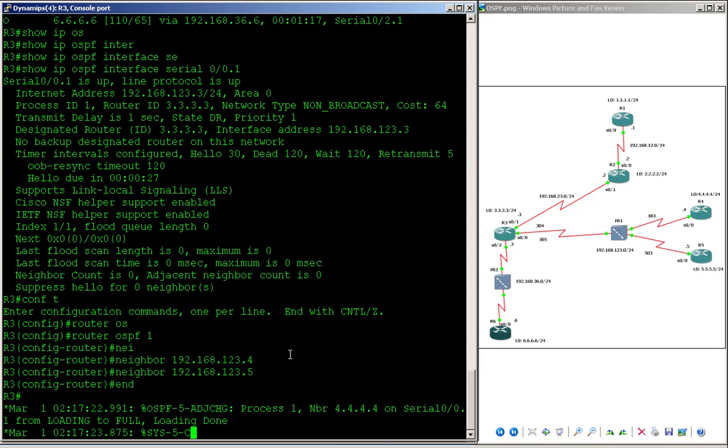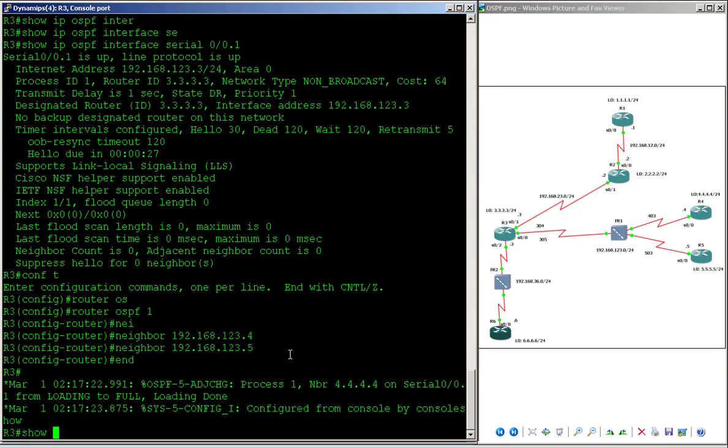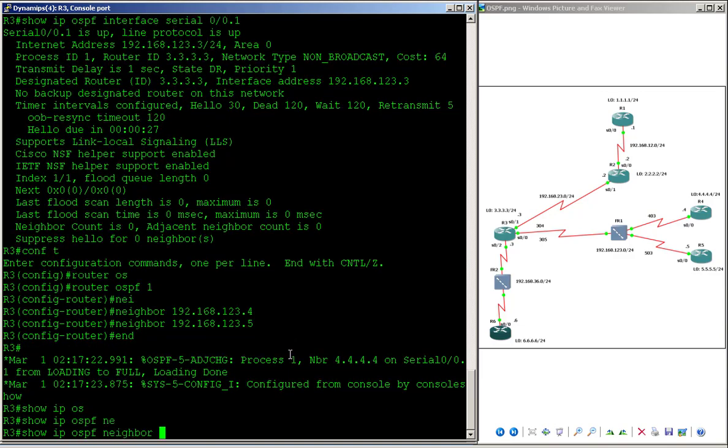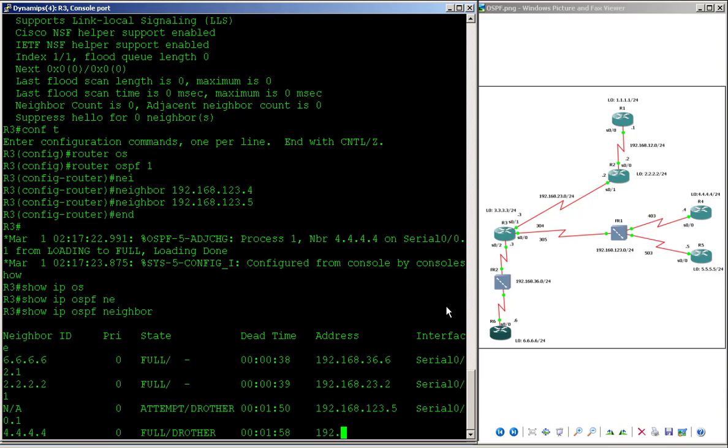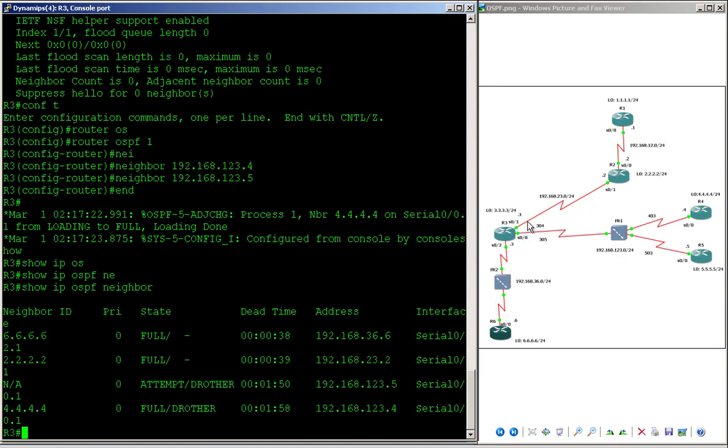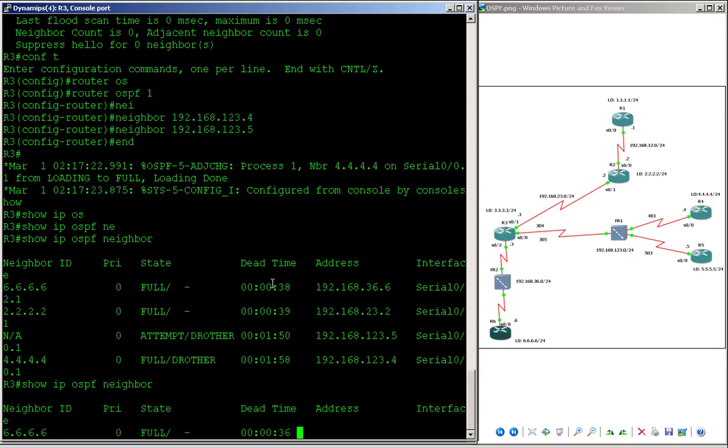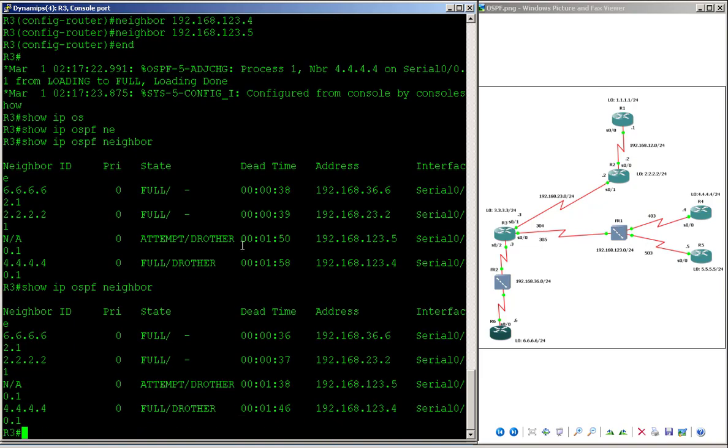So let's do it now. We see that we have something coming up. Show IP OSPF neighbor. So router 3, until now it has neighborship with 6, with 2, with 4, and 5 should be up in a moment. Yeah, but we still see that 4 is still attempting, so still trying.